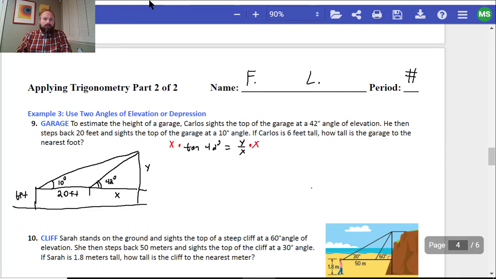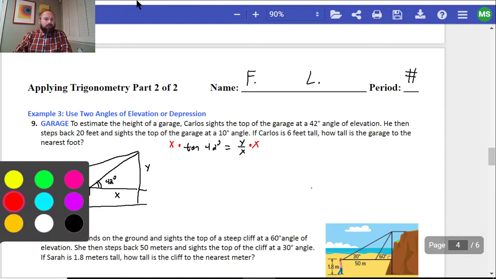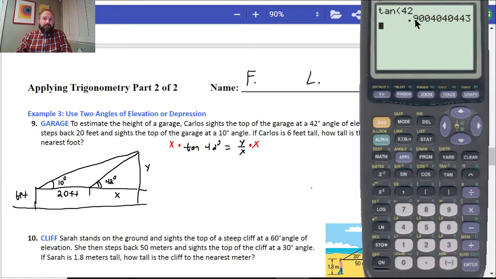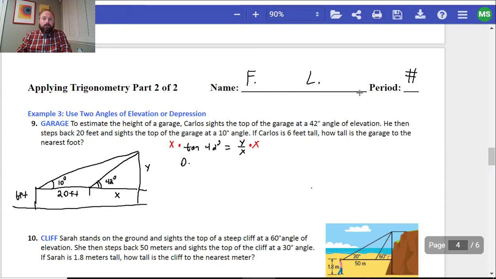Okay. And then what we're going to do is we're going to resolve this tangent of 42. So the tangent of 42 is going to be 0.9. So 0.9 times x, because that's the tangent of 42, times x, will equal y.